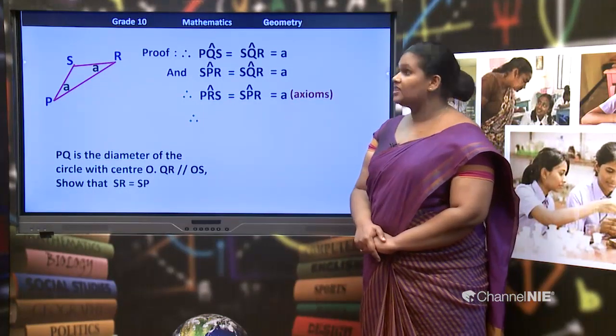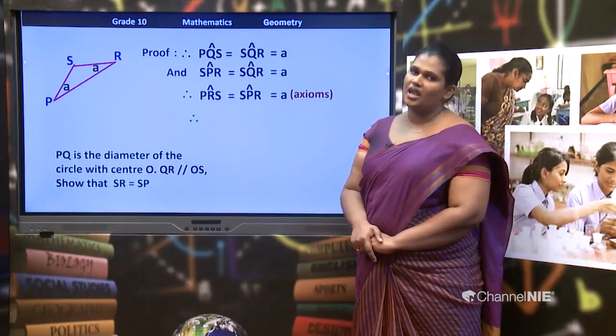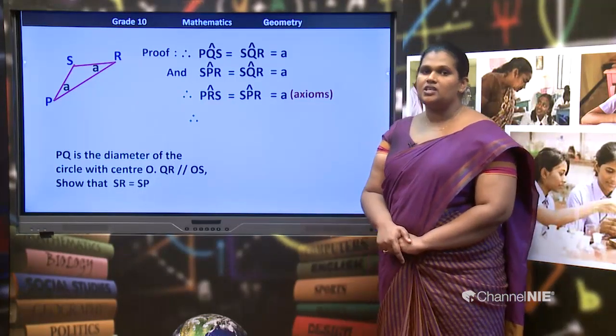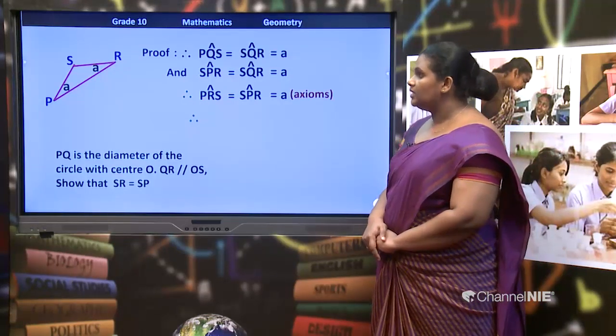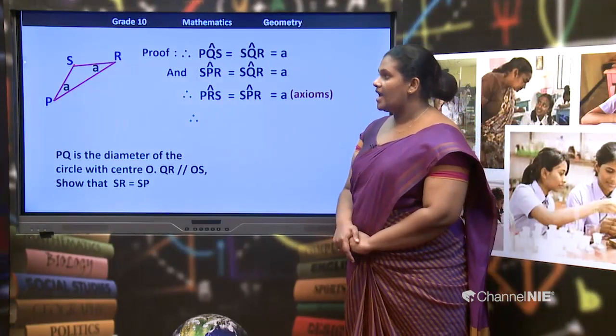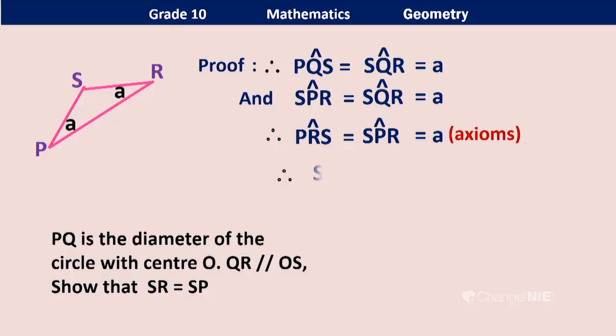Therefore, I can get the triangle SPR as an isosceles triangle. So, we know that in an isosceles triangle, two sides are equal in length. Here, the equal sides should be SP and SR. So, we will write it in our proof. Therefore, SR is equal to SP. That is what they have asked us to find in our question.